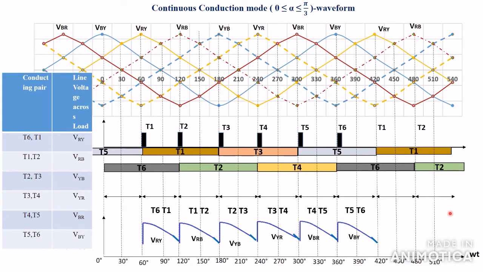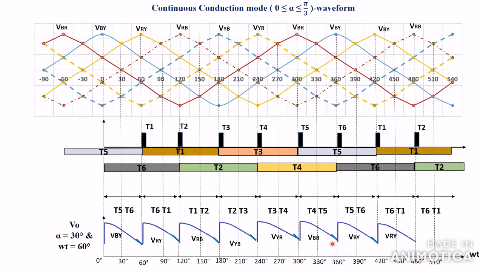Again we have 6 pulses at the output, and the cycle will get repeated. This is a complete set of waveforms for alpha corresponding to 30 degree, or omega t equal to 60.